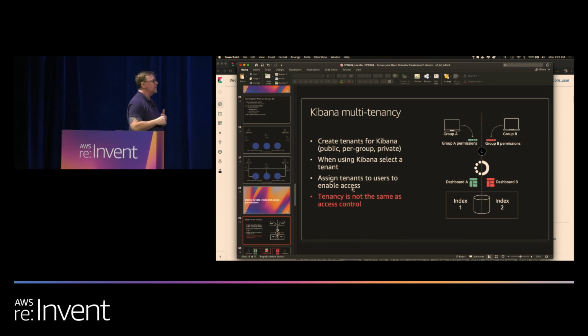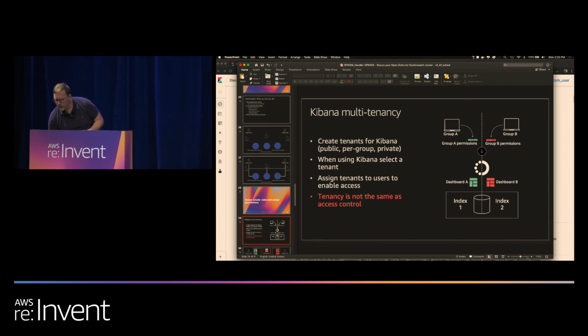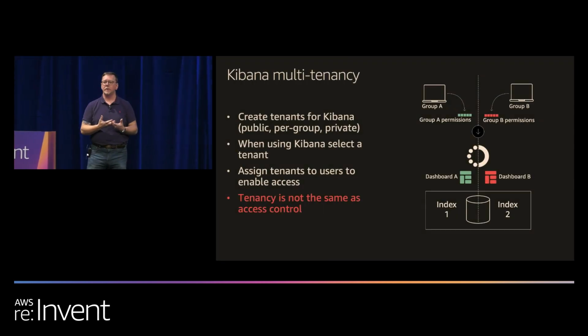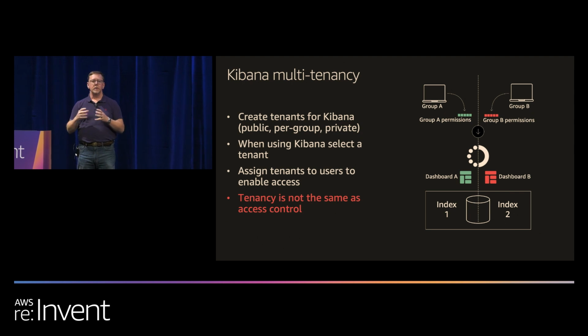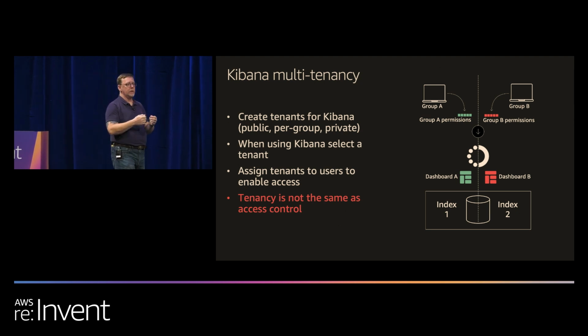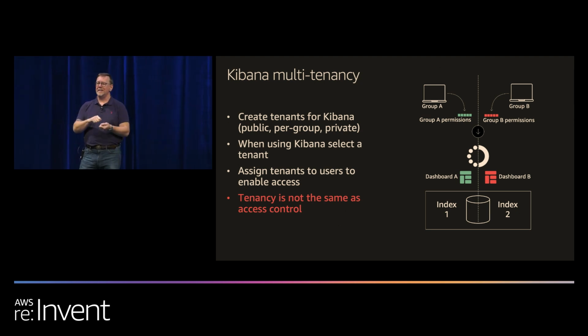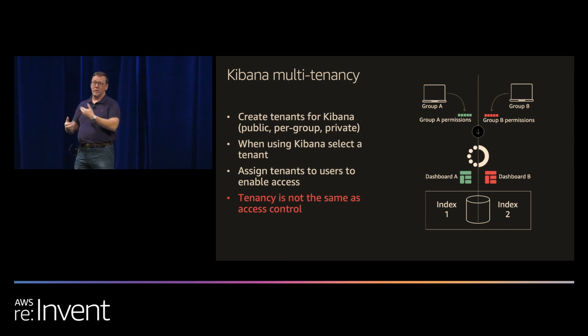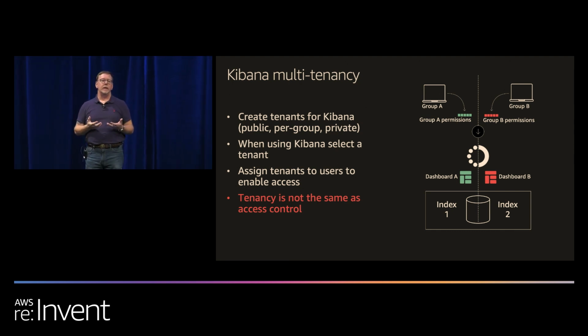So let's talk about Kibana. When you use open source Elasticsearch Kibana, there is a single Kibana repository. All of the visualizations and dashboards that you create in Kibana are stored in that single repository, which is actually an index in Elasticsearch. That means that anybody who has access to Kibana has access to all of those visualizations.